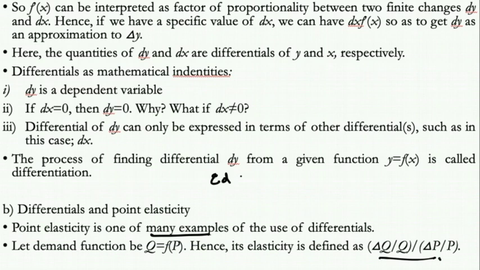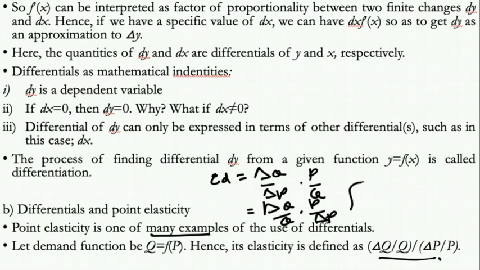Price elasticity of demand is given by change in Q over change in P, and then times P over Q, isn't it? Or if we rearrange it, then we can have change in Q over Q times P over change in P, isn't it? Or if we rearrange it further, we can have change in Q over Q divided by change in P over P.